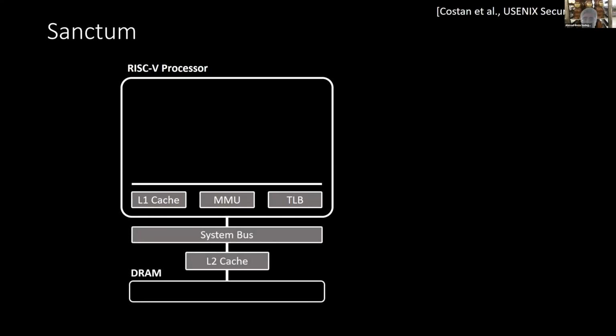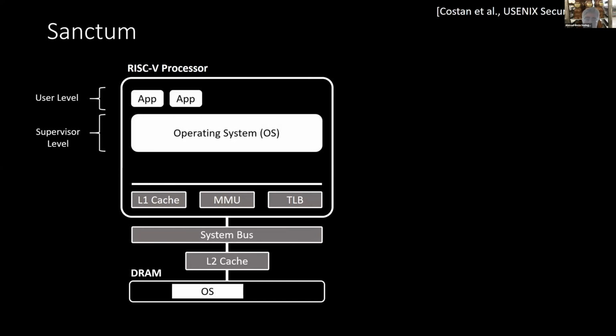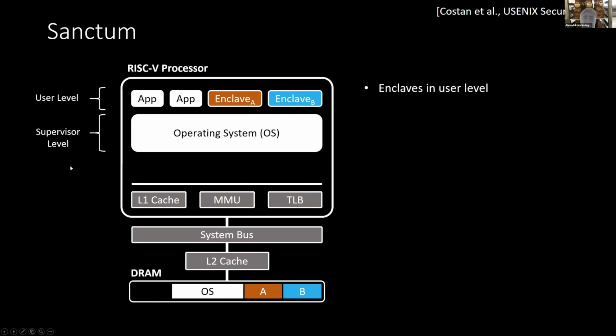So this is again your architecture. You have your caches, L1, L2. You can see it here if you look at the system bus. You have your applications, then user level and supervisor level, as you know, for every system. And in Sanctum, which is a security architecture proposal by MIT, you have the so-called user level enclaves.